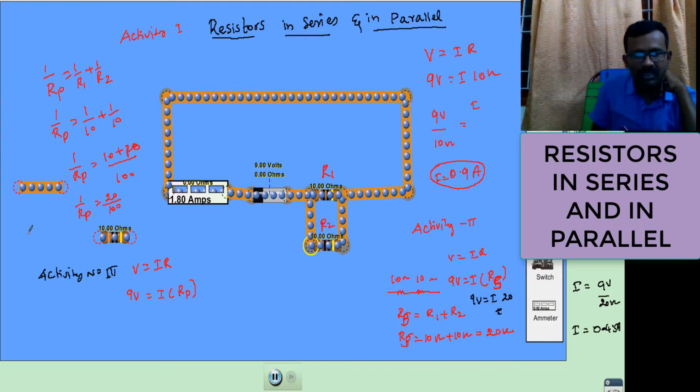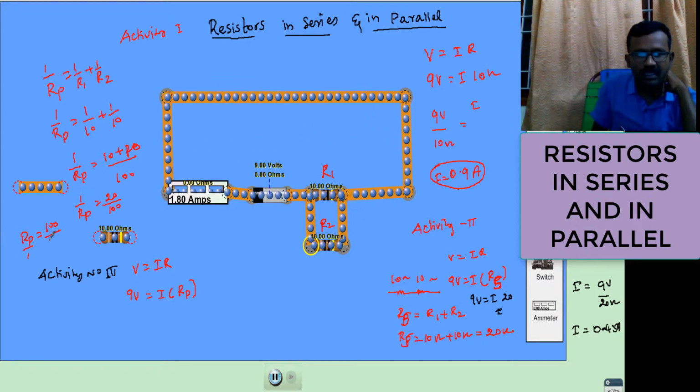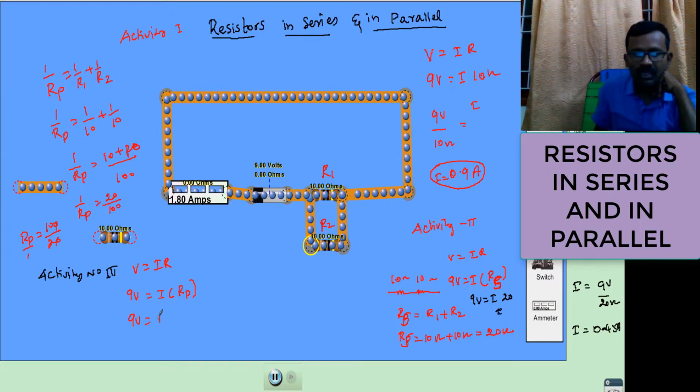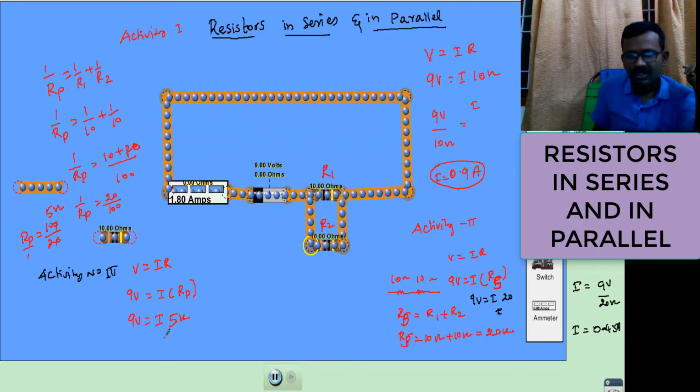So RP is equal to 100 by 20. How much do we get? 5. So 9 volt is equal to I into the value of RP, which is just 5 ohms. When the resistors are connected in parallel, the resultant resistance we get is only 5 ohms.